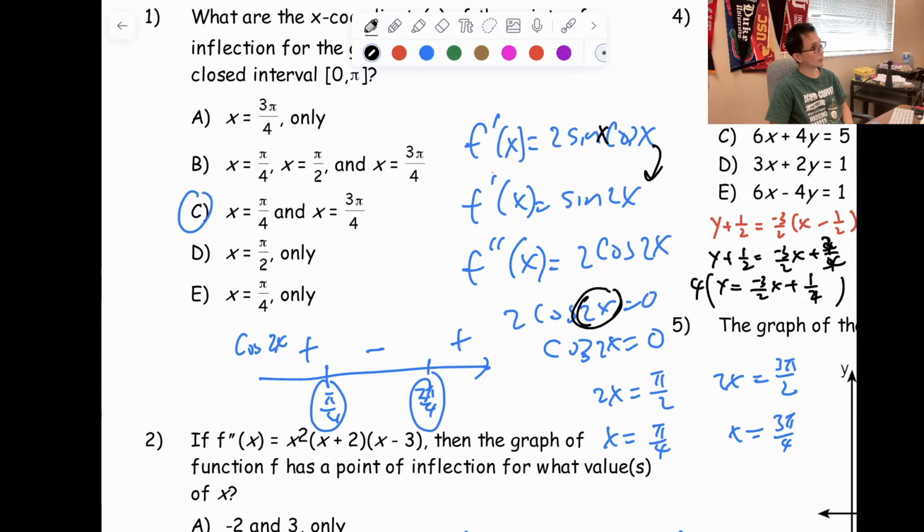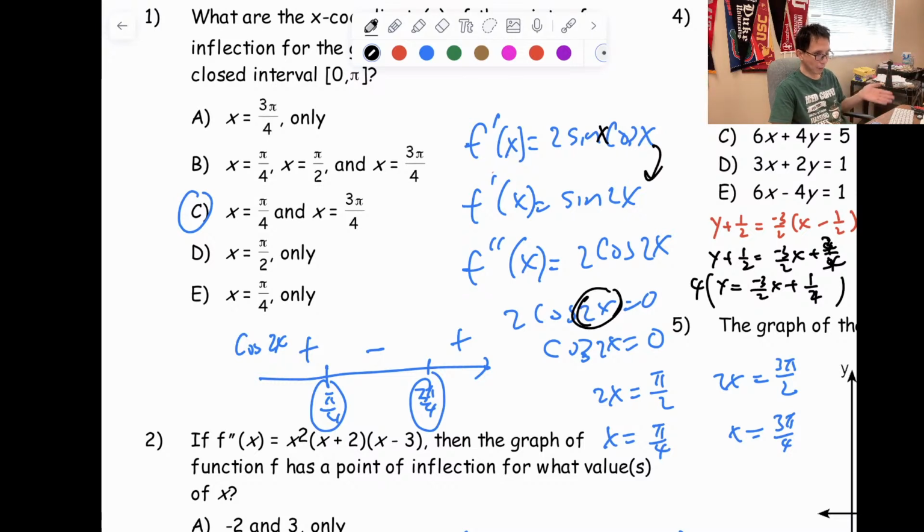Yes? Could you also possibly do 0 and pi for the outer intervals since they're in the closed interval? Like for that outer part, could you plug in 0 and pi? In this case, yes, but I prefer not to, just because sometimes, depending on where the boundary is, it may be misguiding.